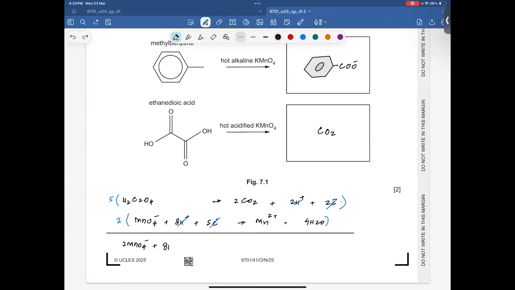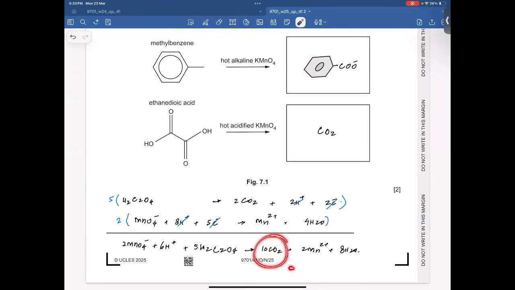Sorry, 6 hydrogen ions left, 16 and 10, 6 left, plus 5 H2C2O4, arrow, 10 CO2 plus 2 Mn2+ plus 8 H2O. Okay, so that's the balanced chemical equation.